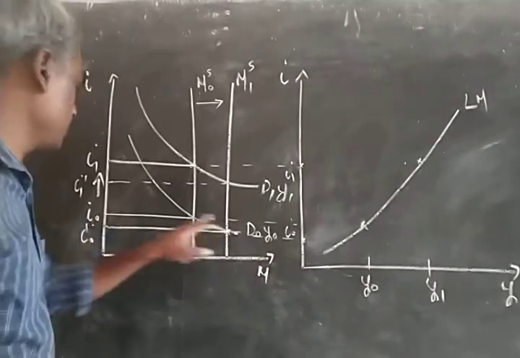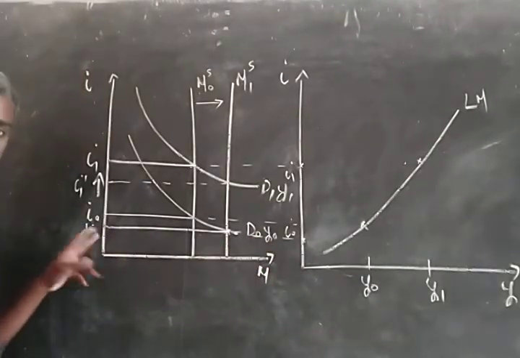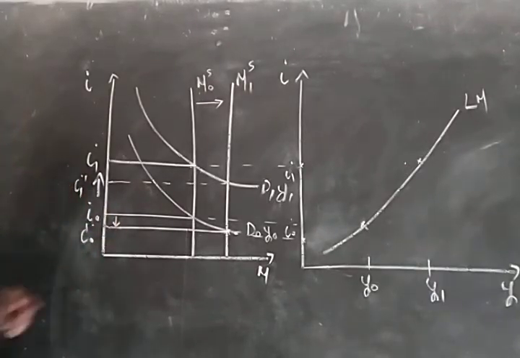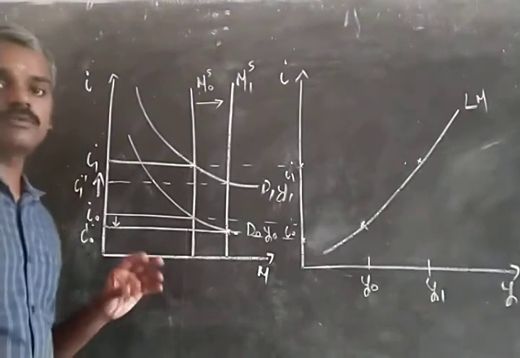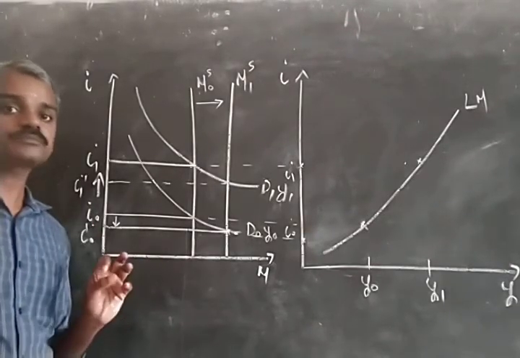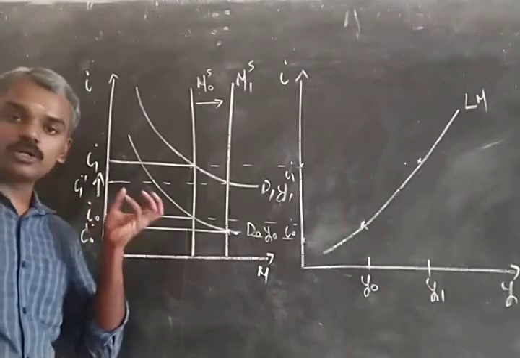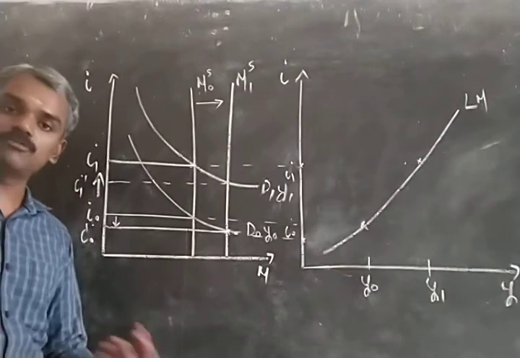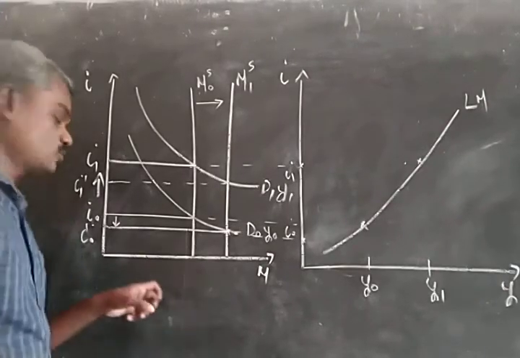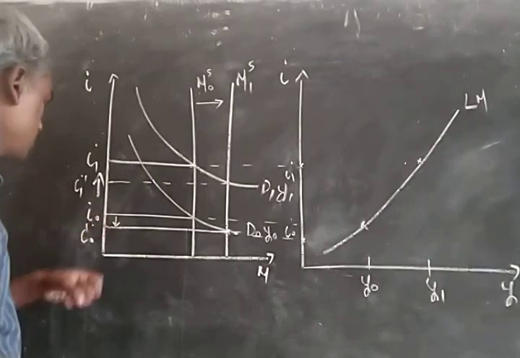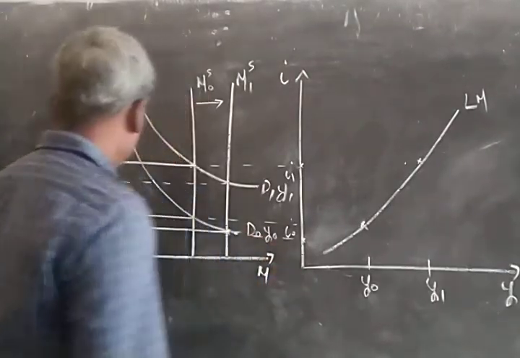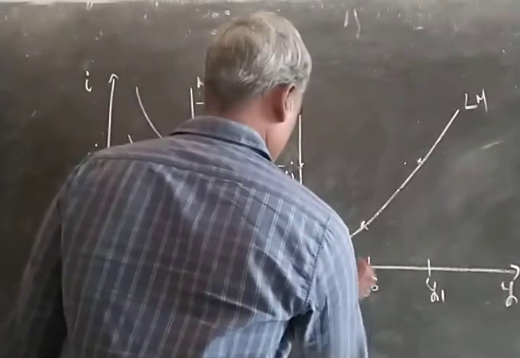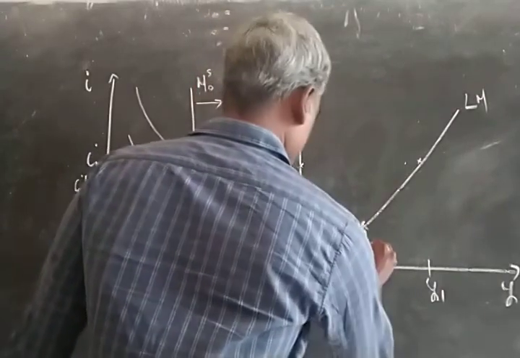Here Y0 is the income, and I0 dash is the rate of interest, which is lower than I0. Interest rate has fallen because in order for the higher money stock to be in equilibrium, demand for money has to increase, and for this the interest rate has to fall. So interest rate falls from I0 to I0 dash, and the new equilibrium will be a combination of I0 dash interest rate and Y0 income.